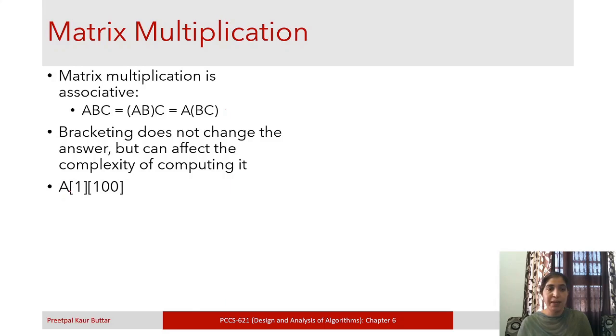Suppose you have matrix A 1 cross 100, B 100 cross 1, so you can see both are compatible. Then you also have C, which is 1 cross 100, right? And you want to compute the product A, B, C. So you have these two options.